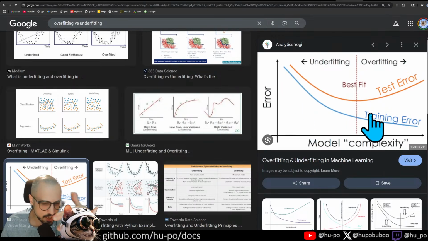And you can see the training always goes down. No matter what, if you keep feeding the same data to the model, it's going to get better and better at knowing what the next token is for that specific data set. But at some point, it's going to diverge like this. Why does it diverge? Hopefully, if you set it up correctly, your test data set is very different from your training data set.